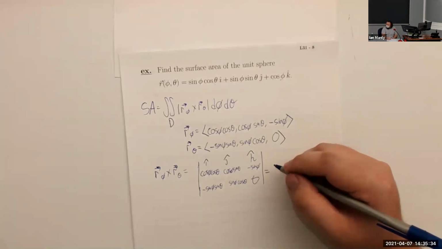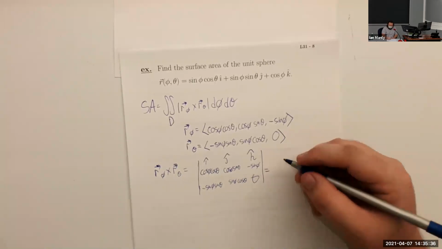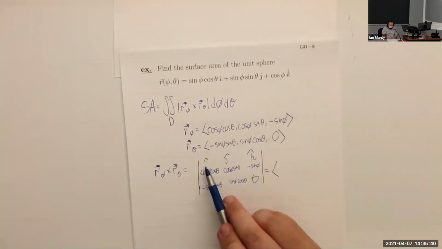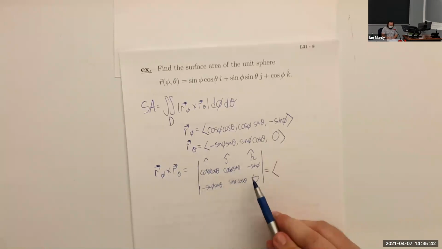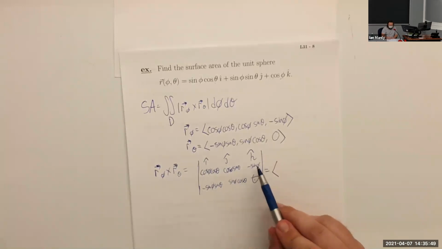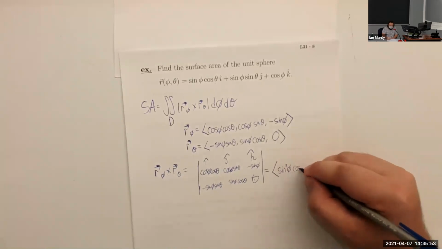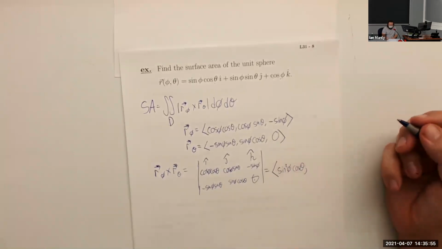Okay, so let's see here. With the i component, we're doing this times 0, and then we subtract this times this. Now, subtracting that negative will make it all positive. So we're going to end up with sine squared of phi cosine of theta.